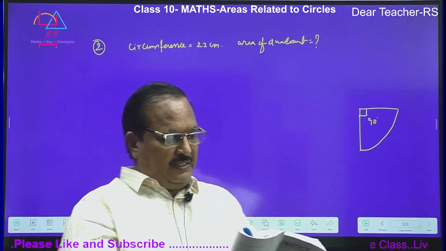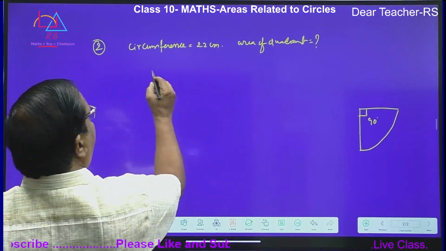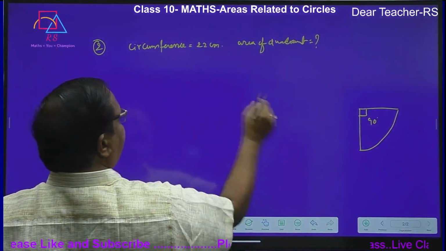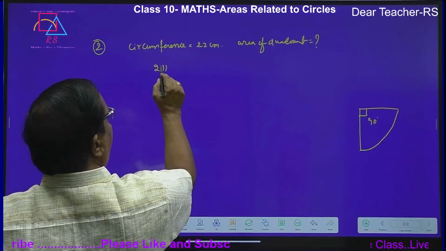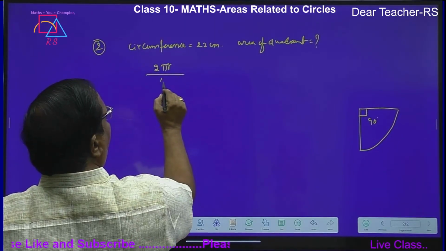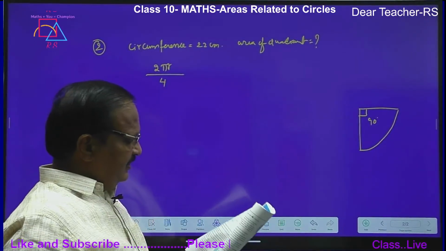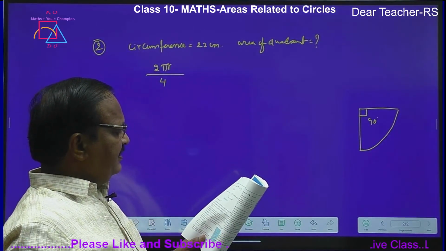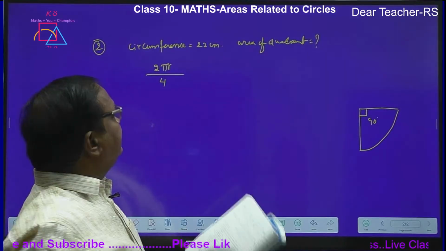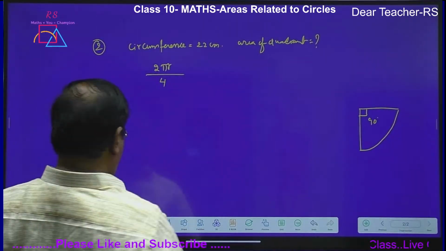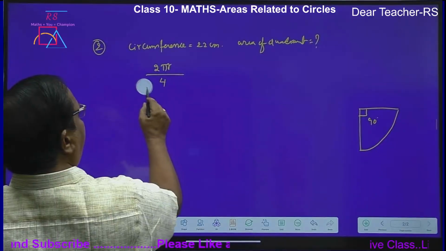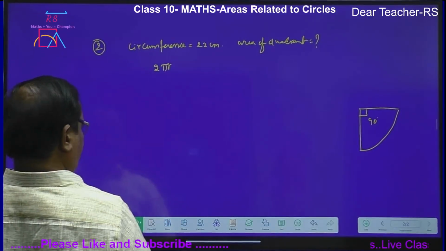Now here let me write 2 pi r, because this is a circumference. I am sorry, you should not write by 4, you should write only 2 pi r.